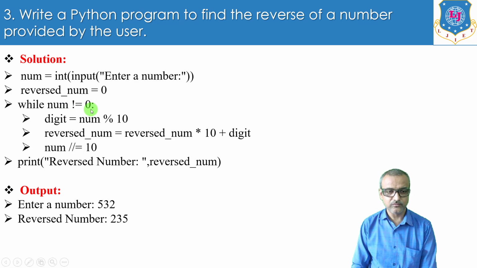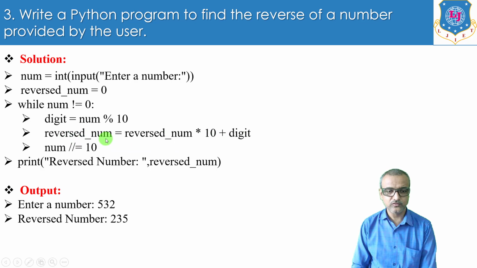5 is not equal to 0. So digit equals 5 modular division 10. So 5 modular division 10 will give you 5. So the value of digit is 5, and in reverse_num we have 23. So 23 multiplied by 10 will give you 230. 230 plus 5 will give you 235.